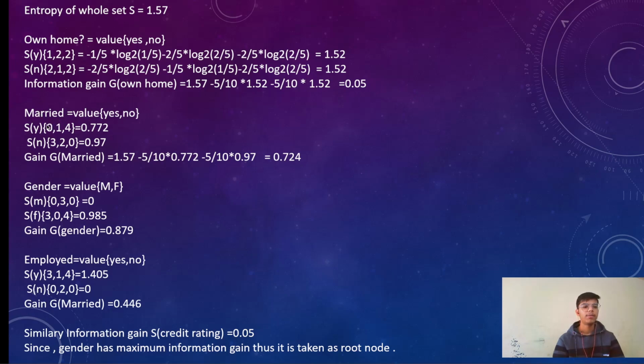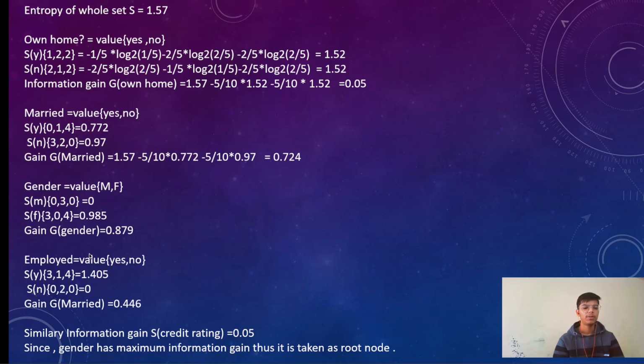Now for married, we have two values, yes and no, which are 0.772 and 0.97. So the information gain of married is 0.724. Similarly, for the information gain of gender, we can calculate 0.879.